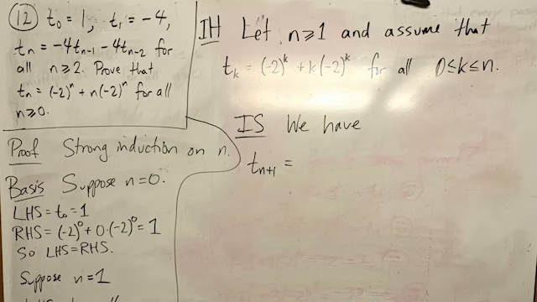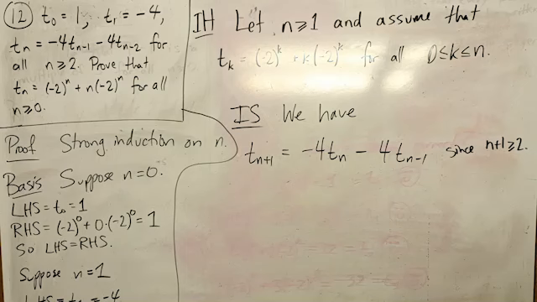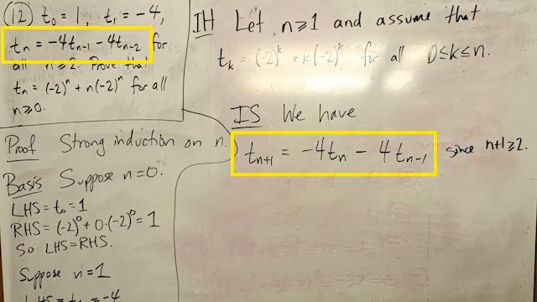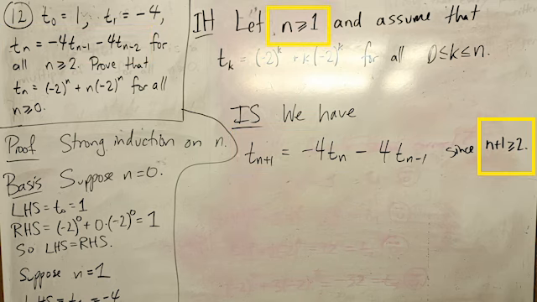So I can write that t_{n+1} is equal to -4 times t_n, that's the value that comes before t_{n+1}, minus 4 times t_{n-1}, because that's the thing that comes 2 steps before t_{n+1}. And crucially, the thing that allows me to do this is the fact that n plus 1 is at least 2.